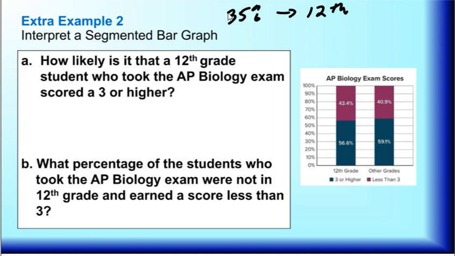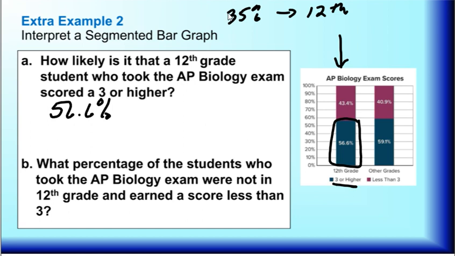We're going to look at this column right here because this is the 12th grade. So given it's this, 3 or higher is the blue. So we're looking here, and that would tell us that 56.6% of 12th graders who took the AP biology exam scored a 3 or higher.